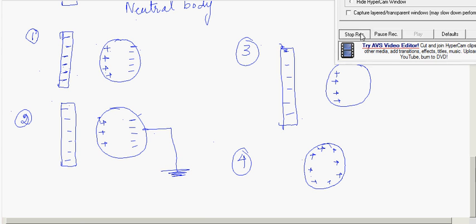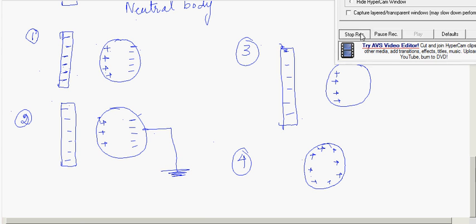When a neutral body is brought near to the charged body, this charged body will attract the opposite charge, that means the positive charge, and it will repel all the negative charges.